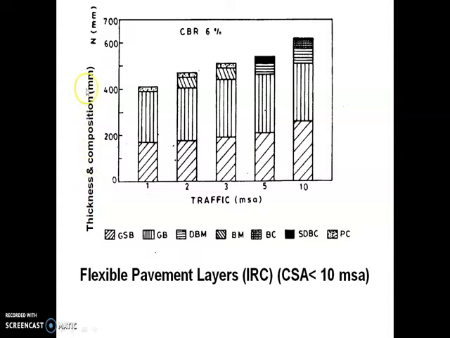First one, you have to plot the graph on the y-axis, total pavement thickness in mm: CBR 2%, 800; CBR 3%, 700; CBR 4%, 600; CBR 5%, 600; CBR 6%. Similarly, you would go for the CBR values, up to CBR 10%. Okay, 10, 20, 30, 50, 100, 150. This is the pavement thickness chart for traffic 10 to 150 million standard axles. Flexible pavement design chart, IRC.